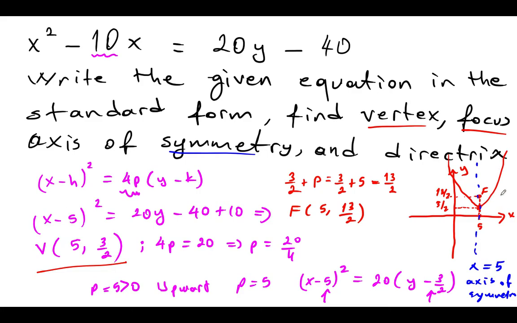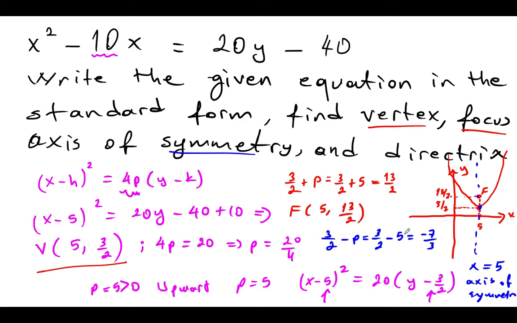So what is the directrix? The directrix is, from the vertex, p units down. So you know that the vertex y value was 3 over 2 minus p, which is 3 over 2 minus 5. So 3 minus 10, over 2, so negative 7 over 2. One more time, let me check it.